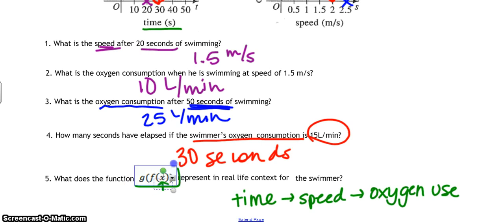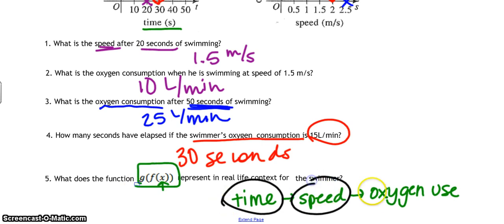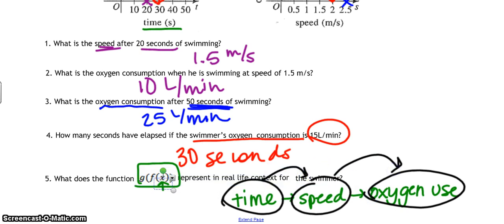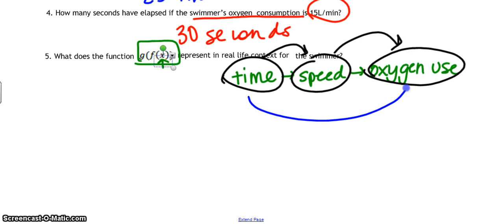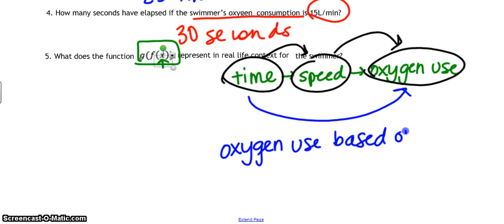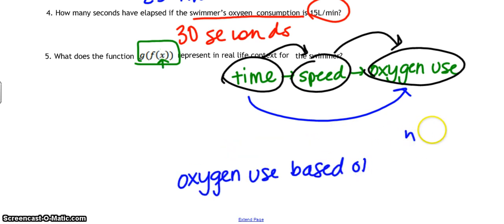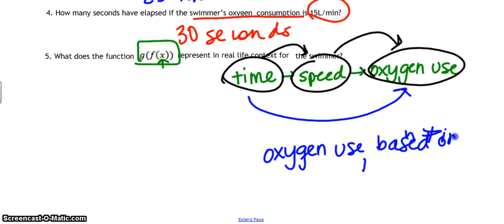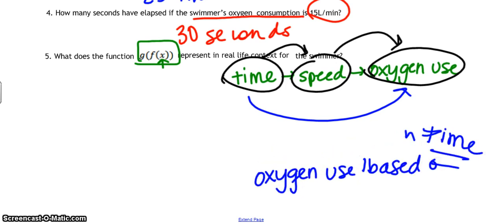Which means really this whole function, thinking about those circles and how we jump function to function, really the function in its entirety is oxygen use based on time. Based on time. Hopefully you can read that.